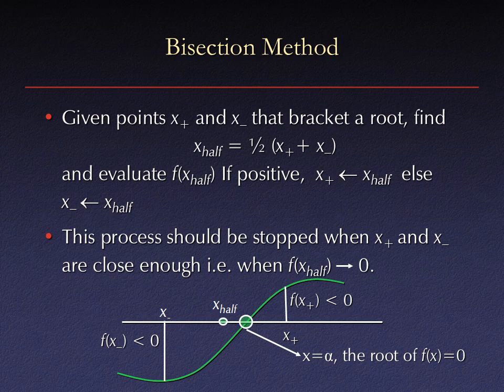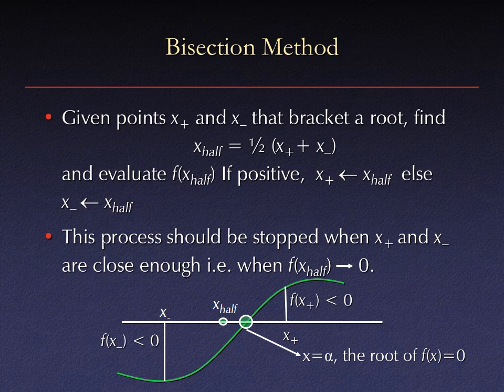In this method, we first bisect this interval between x minus and x plus, and we term the midpoint x half. Again we check whether f(x half) is 0, positive or negative. If f(x half) equals 0, then it is our required root.